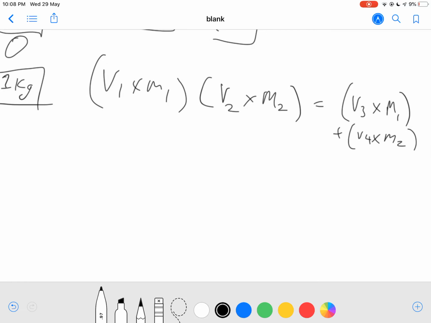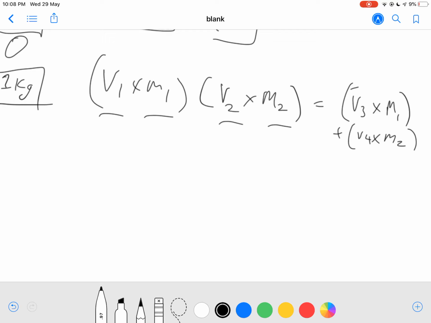Normally in this question they'll give you v1 and v2, but it doesn't really matter what they give you, as long as you have three known values and one unknown. If you know m1, m2, v1, v2, and they tell you v3, then you'll be able to work out v4.